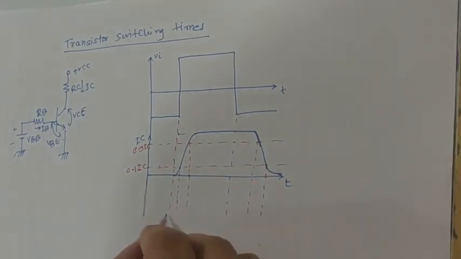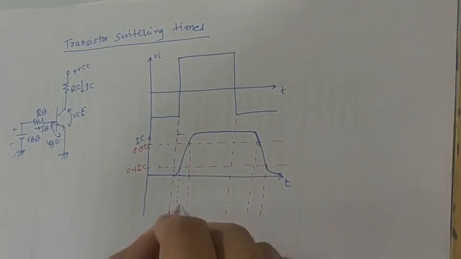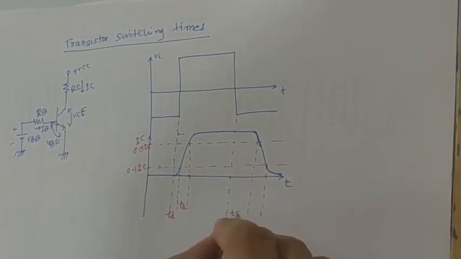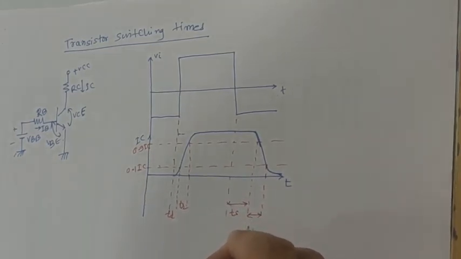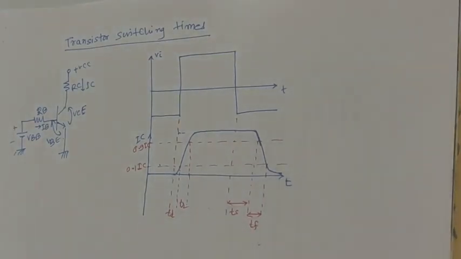Okay, so I am marking this point. The first that I am marking is TD, this is TR, this is TS, and the last one is TF.